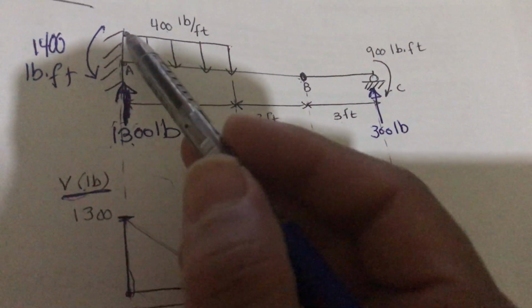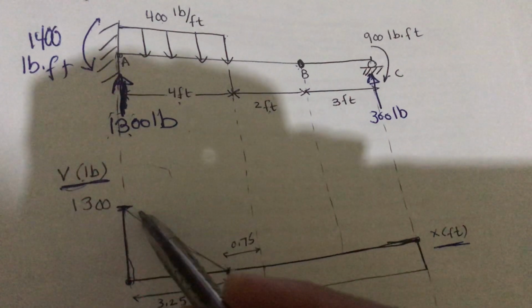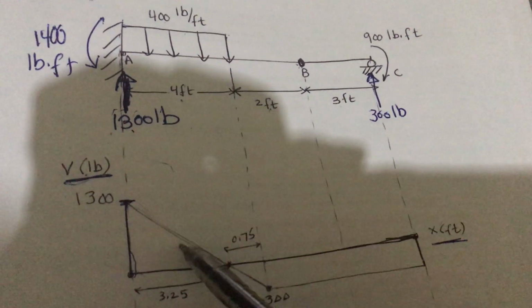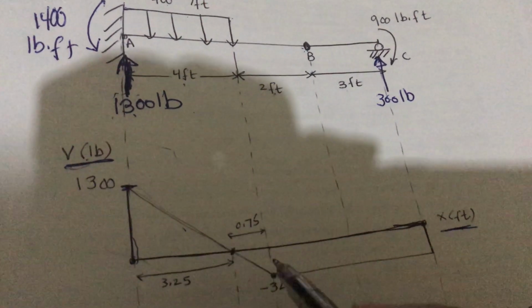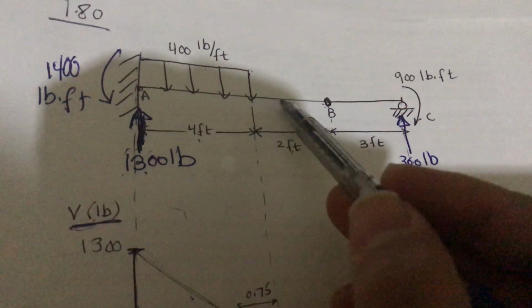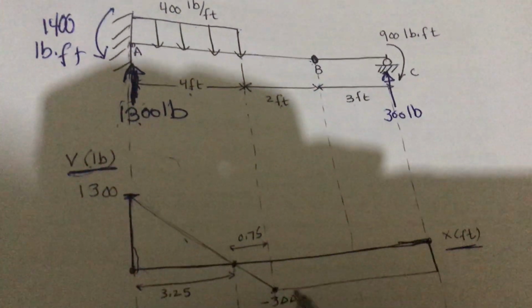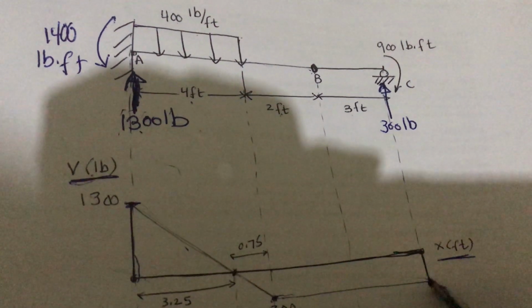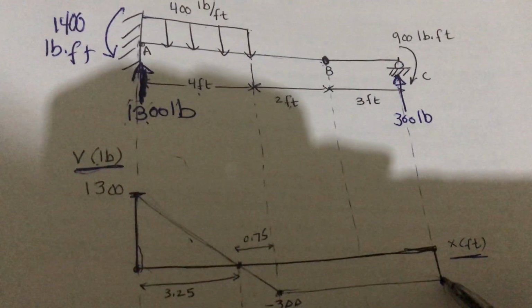This is uniform loading, so you'll have a linear loading of shear because this is uniform. So the shear should be linear. So you're gonna go to minus 300, and here there is no loading whatsoever. So it's gonna go minus 300 all the way until it reaches here, and here there is 300 up, so you'll go up.